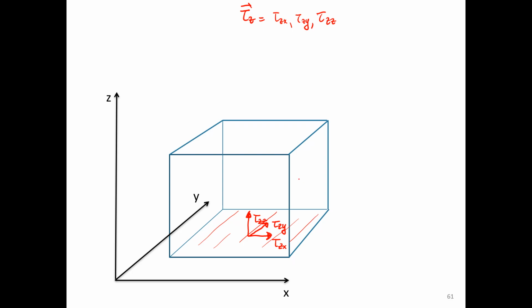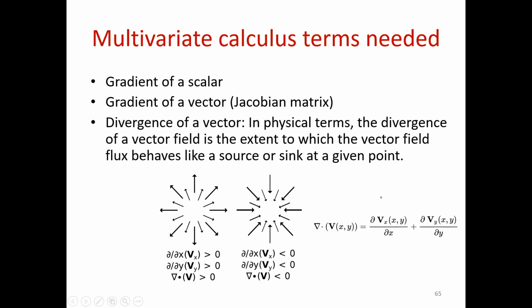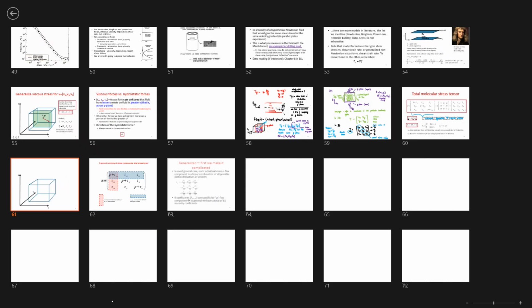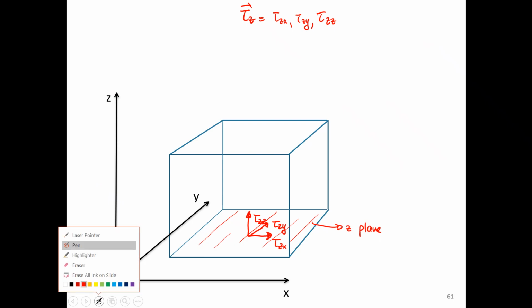Now, how would things look on this? So this is the z plane. Let me change color here. There we go.